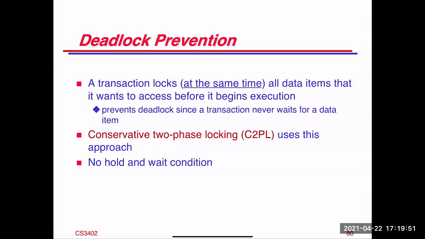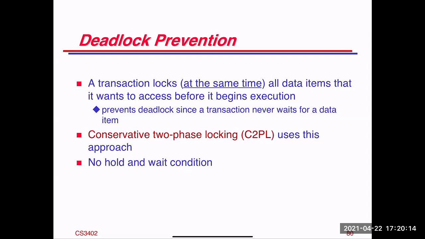All right, and we talked about deadlock prevention protocols. I would also recommend you to look at these again. One way to do this is to use conservative two-phase locking. Actually, this is not from last week, this is from this week. I'm already forgetting when I was talking about things.